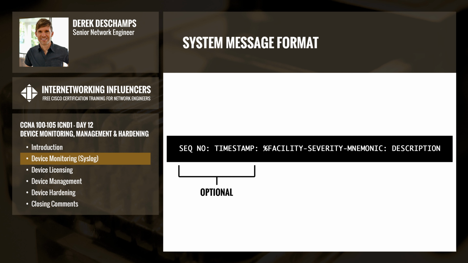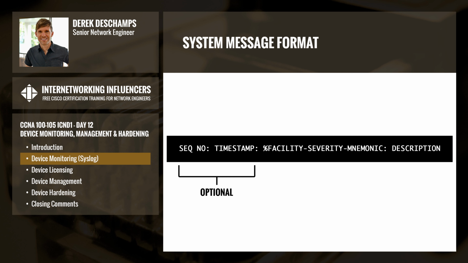The third component is the facility, which is used to indicate which protocol or hardware component generated the message. The fourth component is the severity level, which is used to indicate the severity level of the message.